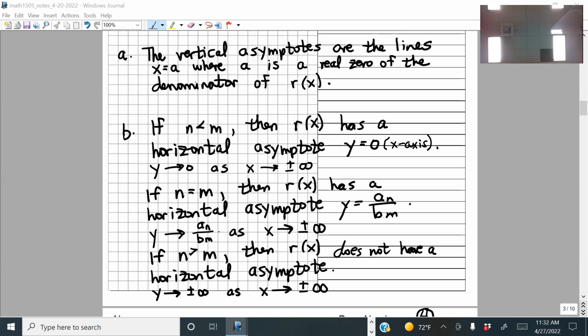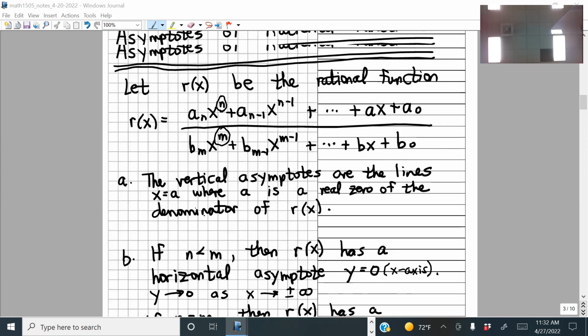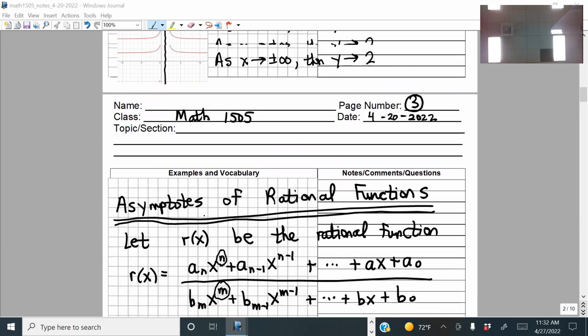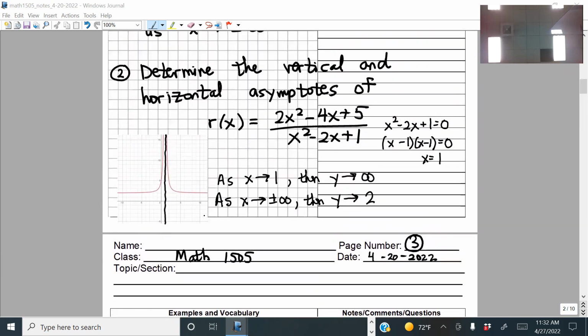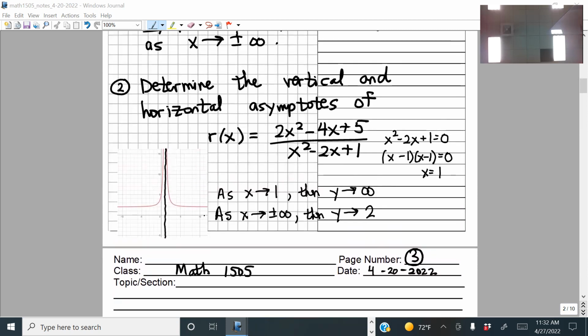All right, let's check that now. Let's go back to our prior examples and see if we believe that. We said here we thought we had a horizontal asymptote at y equals 2. So let's check that. What's the degree of the top? 2. The degree of the bottom is also 2.